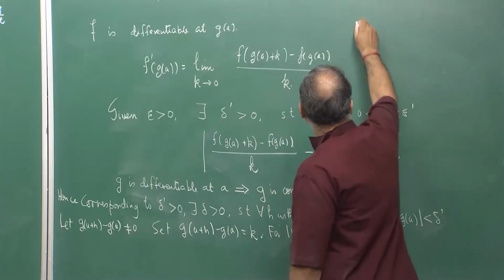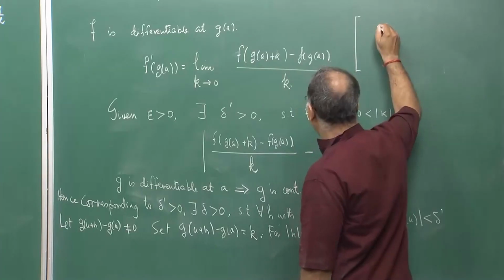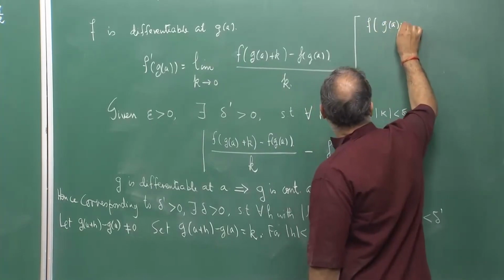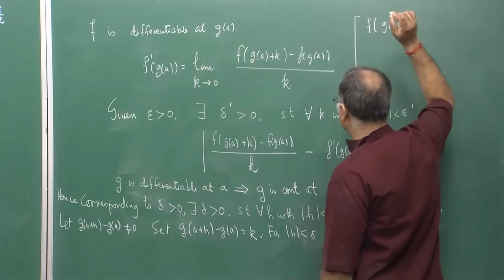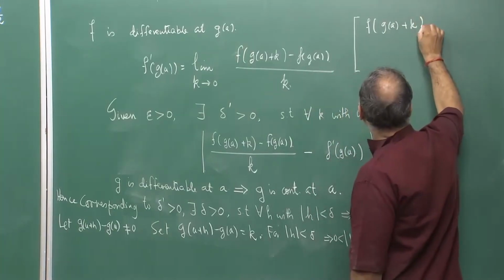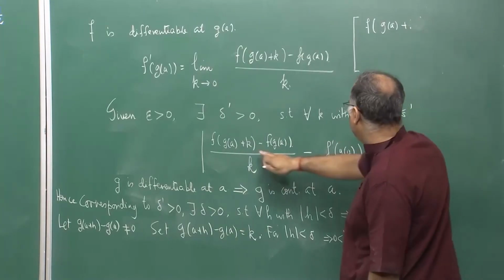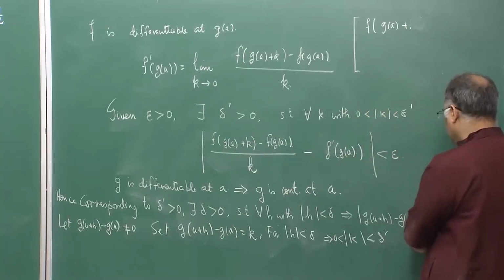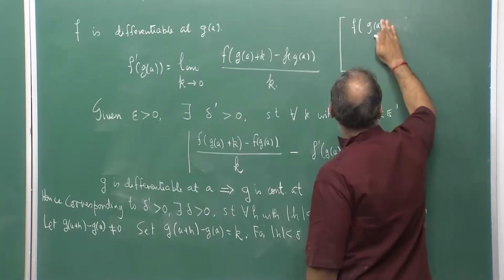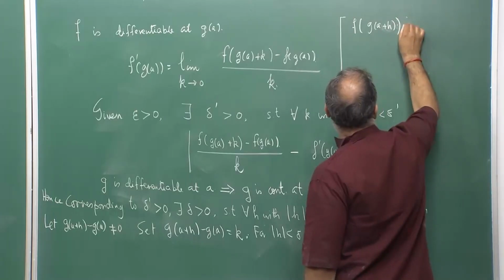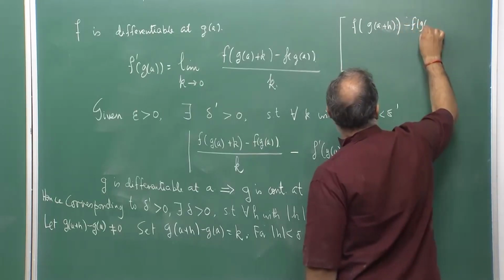So if I replace that k, so f(g(a)+k), if I write k as g(a+h) minus g(a), I will simply have f(g(a+h)) minus f(g(a)).